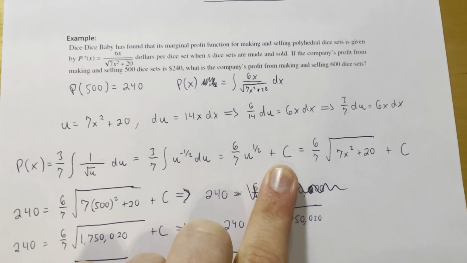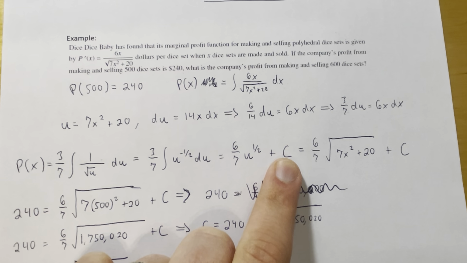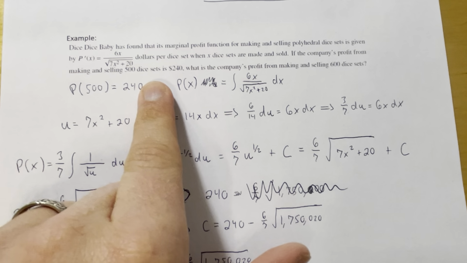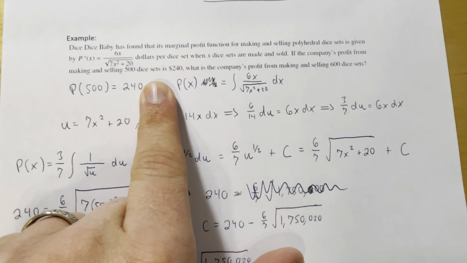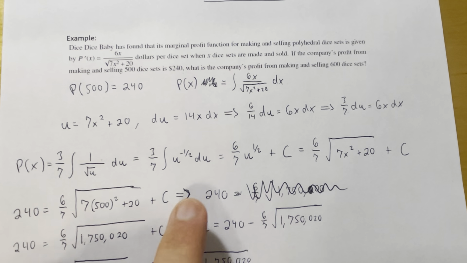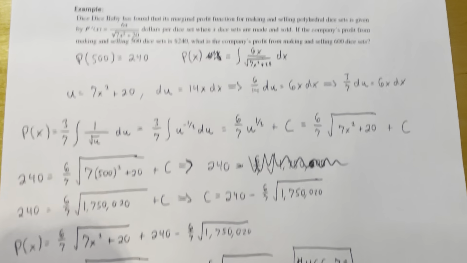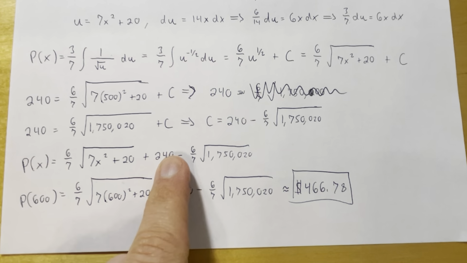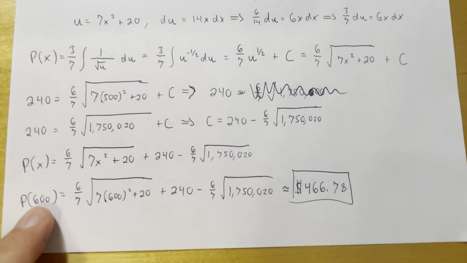That function is not very useful unless you know what that c is equal to. We used the additional information, again, which I'm calling an initial condition, in this problem to plug stuff in and solve for that c. We rewrote our profit function with that known value of c, and then we plugged in the number that we cared about to get our actual profit for that. Okay, that is the end of 4.2.